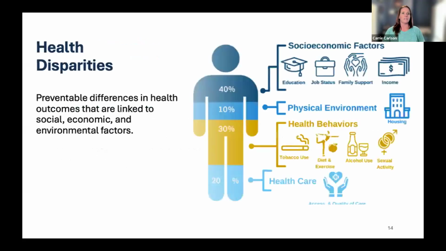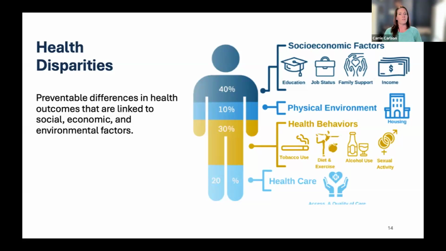But so, health disparities. I'm going to do the image description last, but health disparities are preventable differences in health outcomes that are linked to social, economic, and environmental factors. And again, that's something that we've heard multiple times.